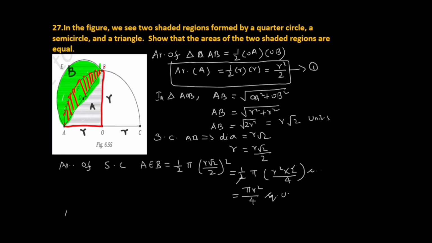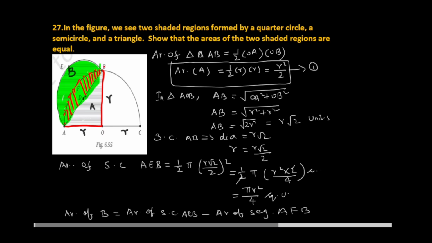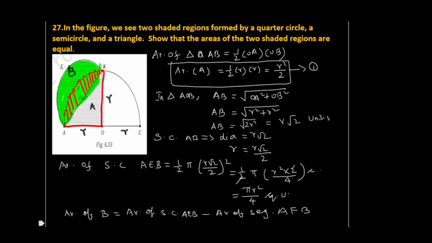Now the area enclosed by the letter B. Area of B is equal to the area of the semicircle which we found, AEB, minus the area of segment AFB. We have to subtract that segment's area.